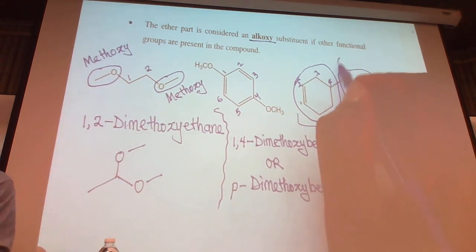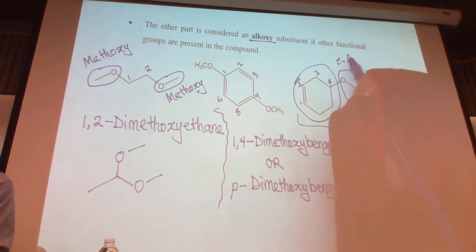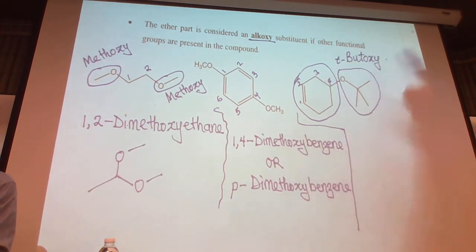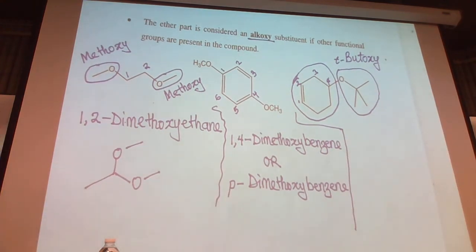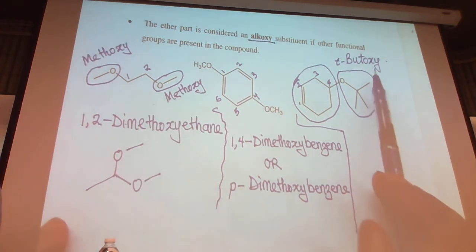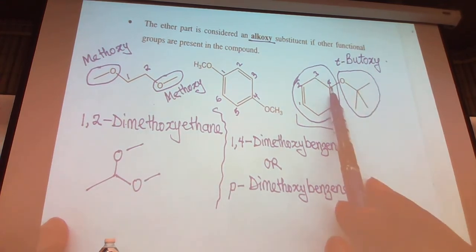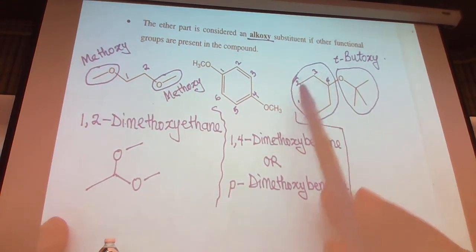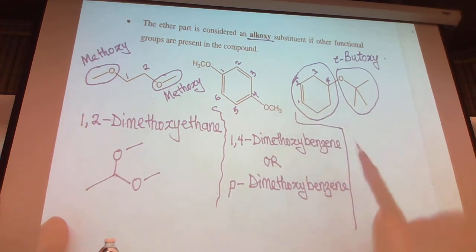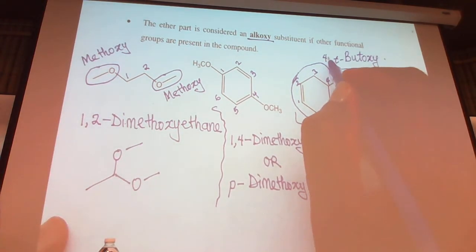Okay, so you can say t-butoxy, or you can write it in full as tert, T-E-R-T, butoxy. Okay, and this tert-butoxy group is at position number 4 off of the cyclohexene ring. So we can put 4 in front of it, right?